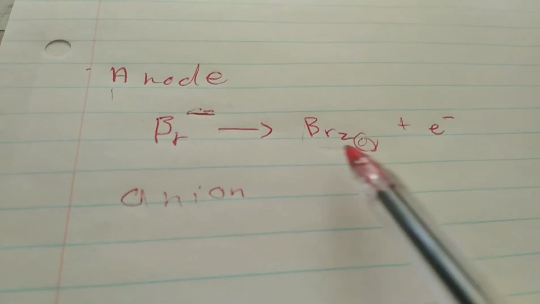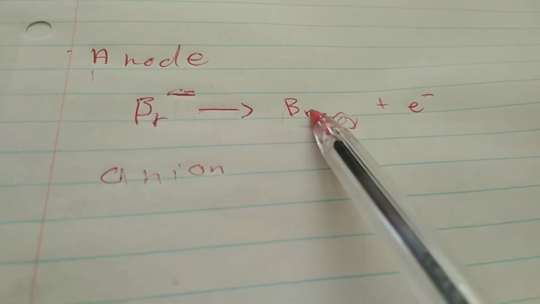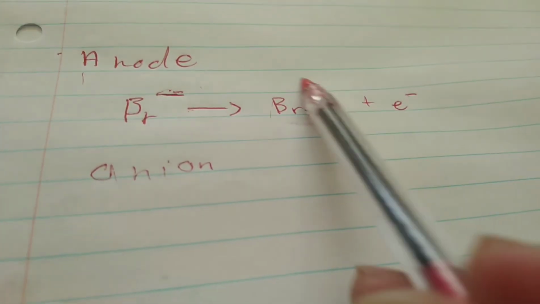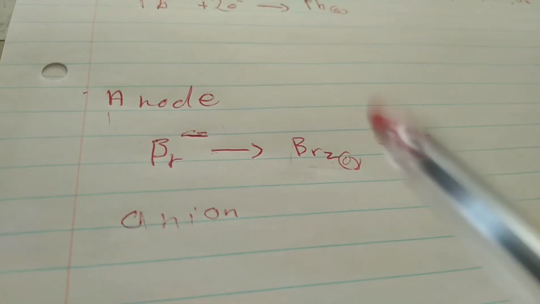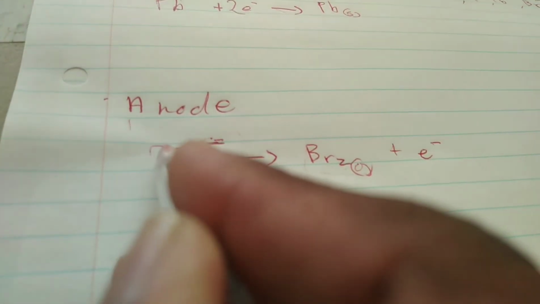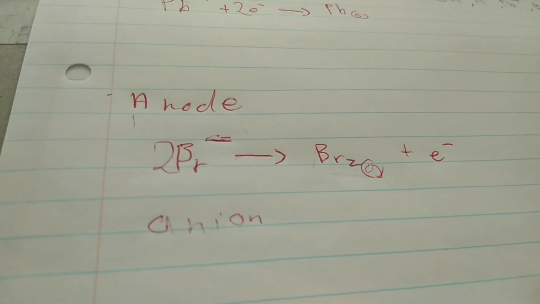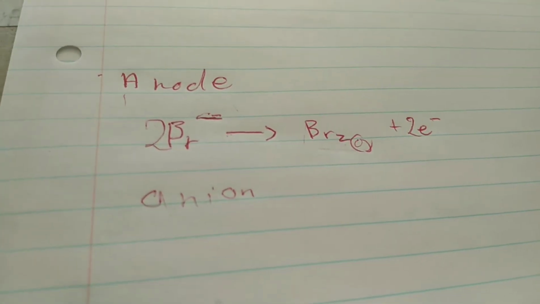Because at the end you formed 2 moles of bromide, that is 2 molecules of bromine, you have to balance your equation by putting a 2 here and also putting a 2 here.